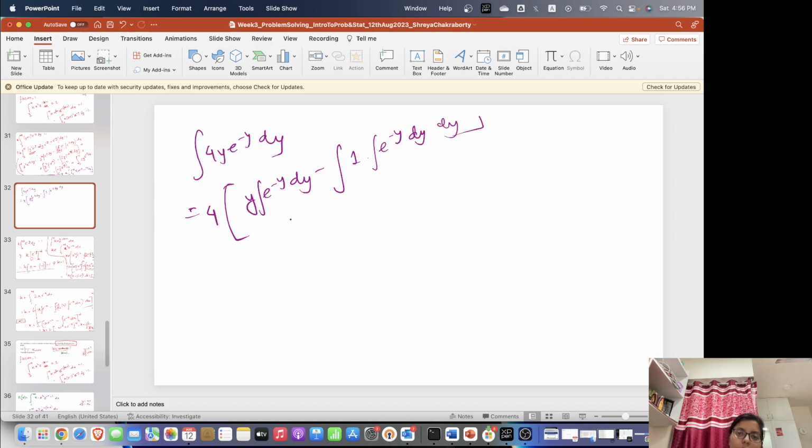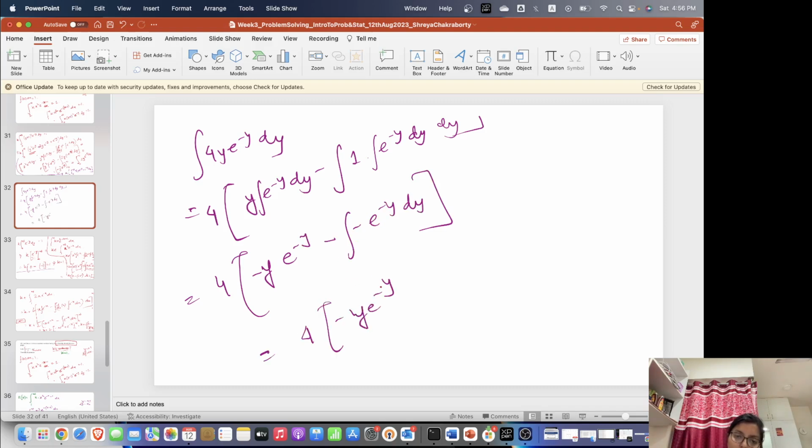So that will be 4 minus y e to the power minus y plus e to the power minus y dy.